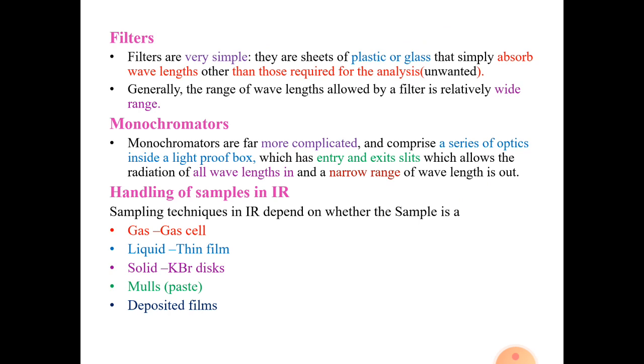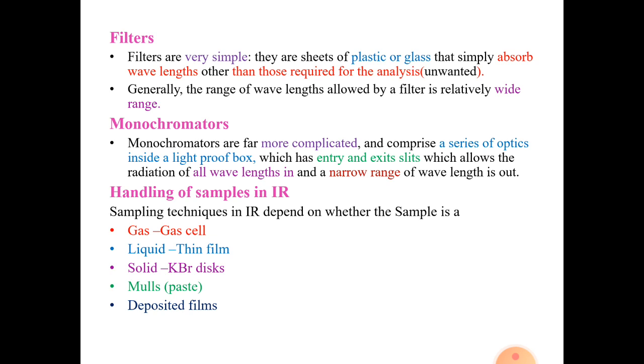Monochromators are more complicated. They are composed of a series of optics inside a light-proof box which has an entry slit and exit slit. An entry slit is a slit placed between the source and the sample.